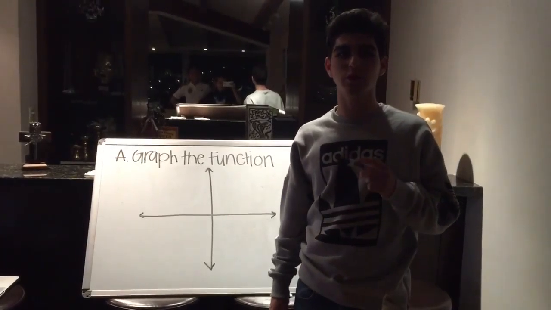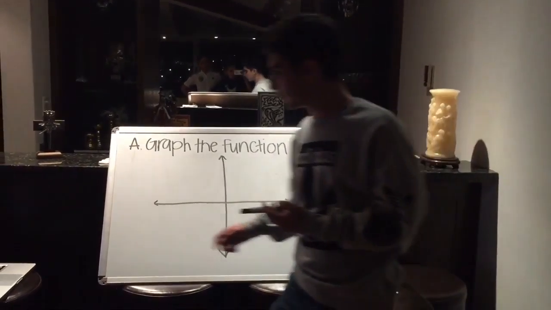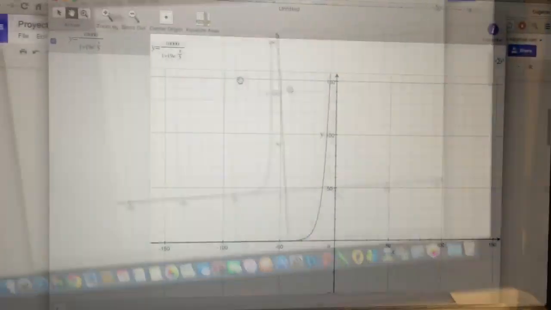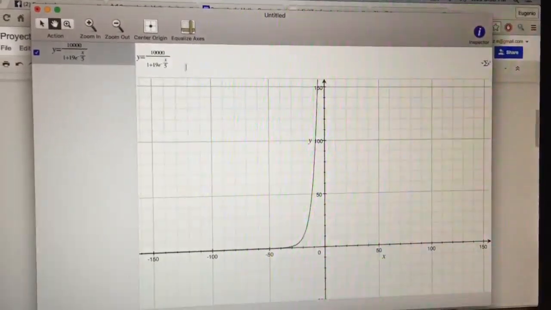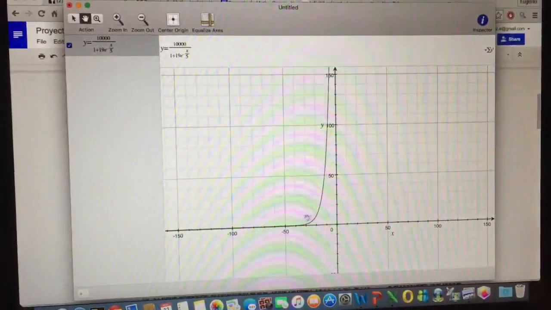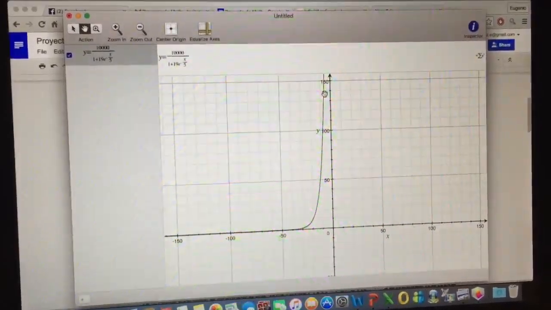On the first question to our problem, we were required to graph the function. So we used an online grapher that told us exactly how to graph our function. We plugged in our equation on an app called Grapher, and the graph automatically gave us this kind of exponential graph.